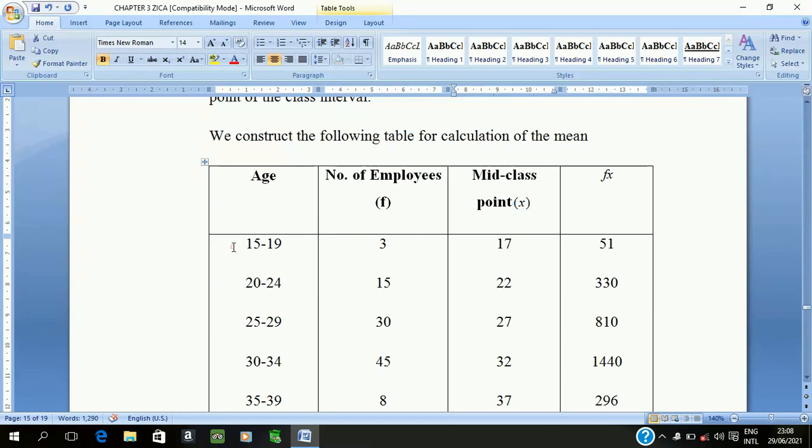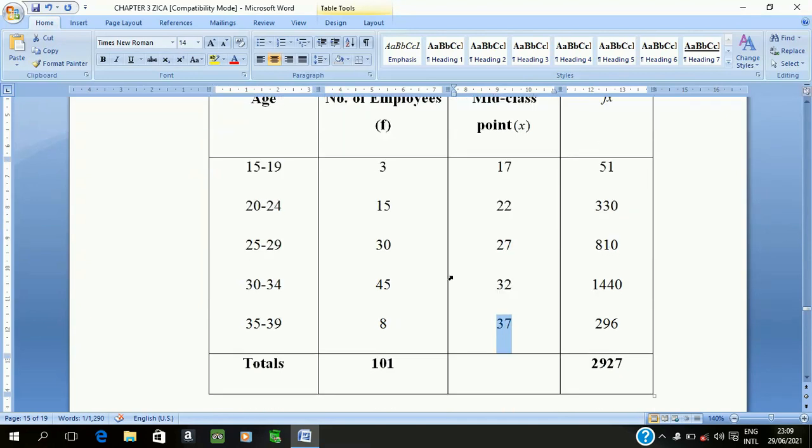What's the midpoint of that class? 15 plus 19 divided by 2 is 17. 20 plus 24 divided by 2 is 22. 25 plus 29 divided by 2 is 27. 30 plus 34 divided by 2 is 32. 35 plus 39 divided by 2 is 37. So our x values are simply the midpoints.